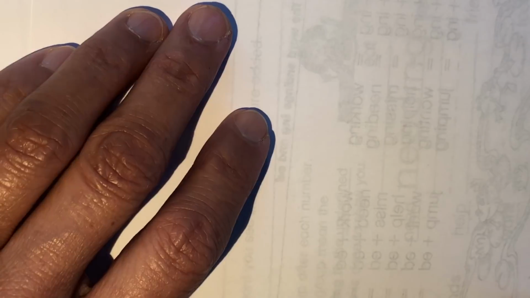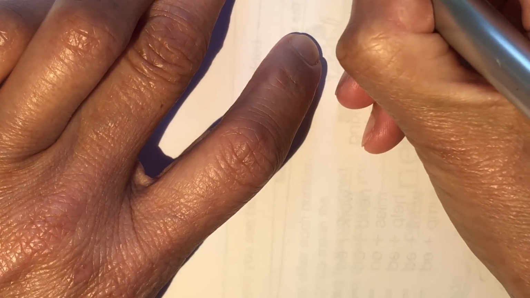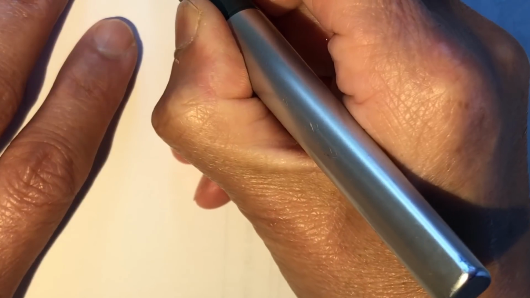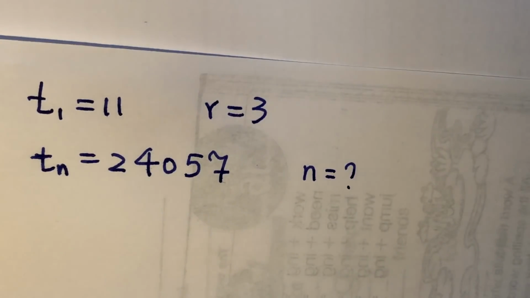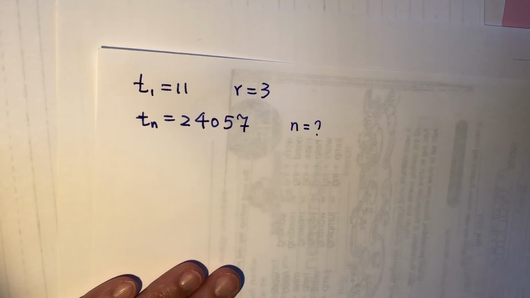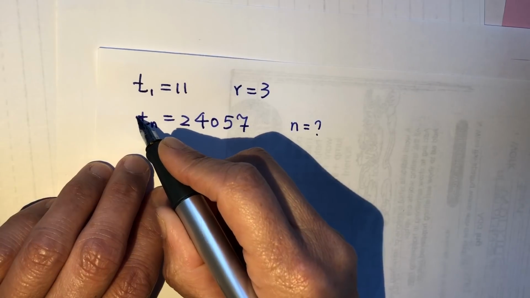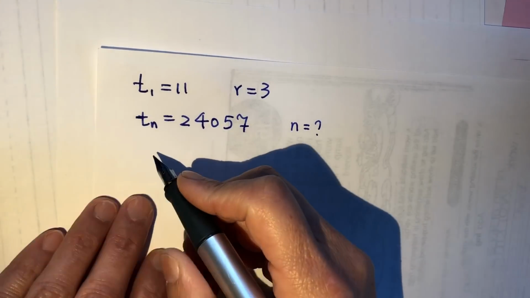And the common ratio R equal to 3. Tn equal to 24057, right? Yes, and look for n. T1 is 11, R is 3, Tn is this, and n is how many?